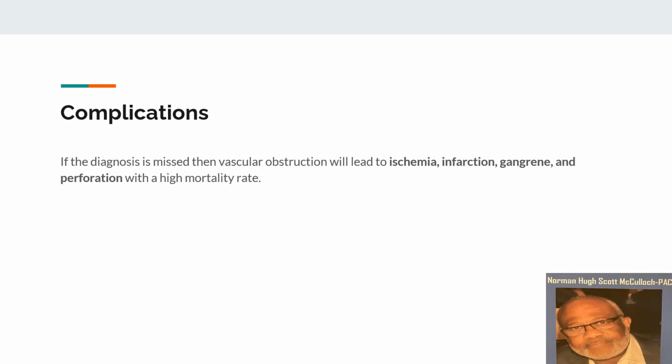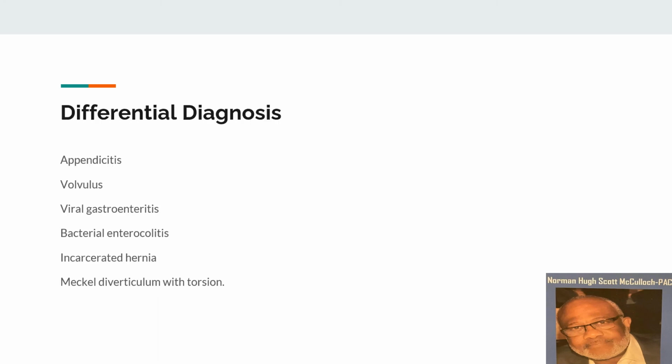Complications. If the diagnosis is missed, then vascular obstruction will lead to ischemia, infarction, gangrene, and perforation with a high mortality rate. The differential diagnosis. The child comes in with right lower quadrant pain.